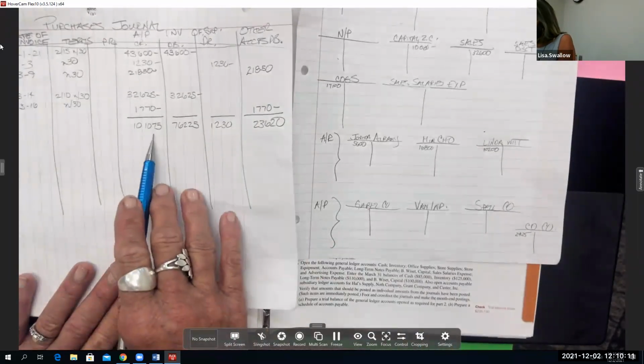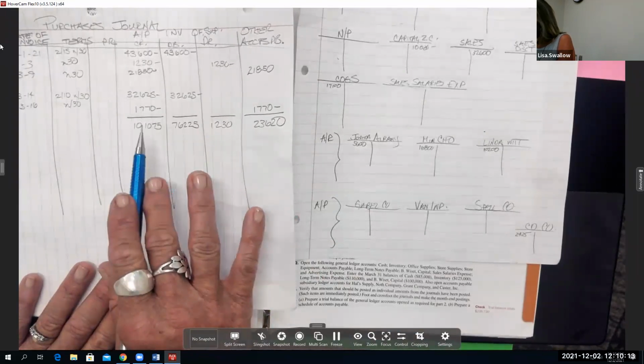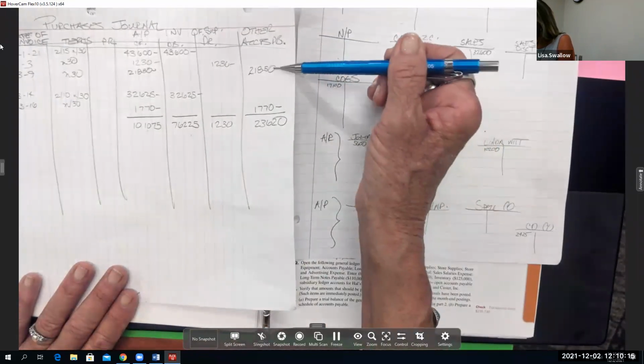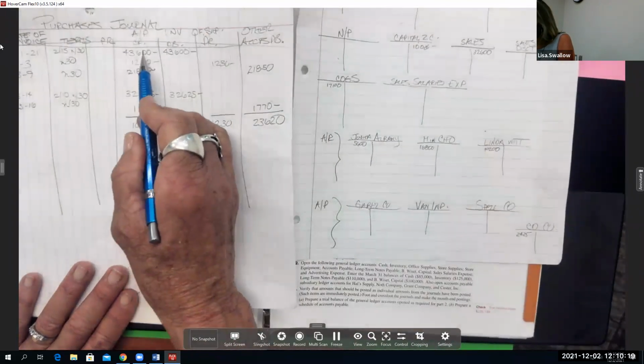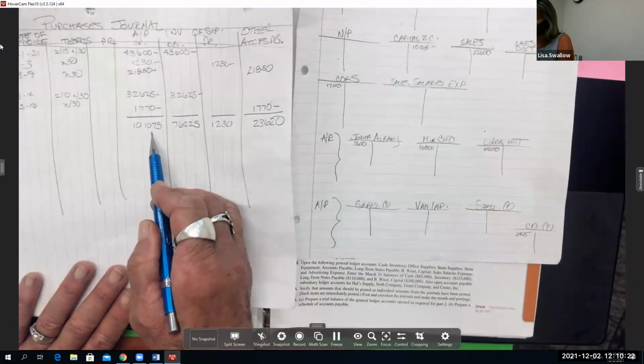Okay. All right, purchases journal. Have at it. You've got to post these three big ones. With other accounts, you have to go to the individual ones. And then anything that's in the AP column, you've got to get to your subsidiary too.